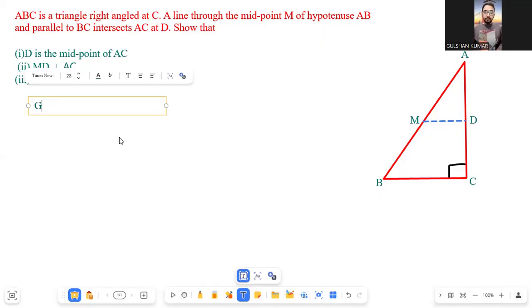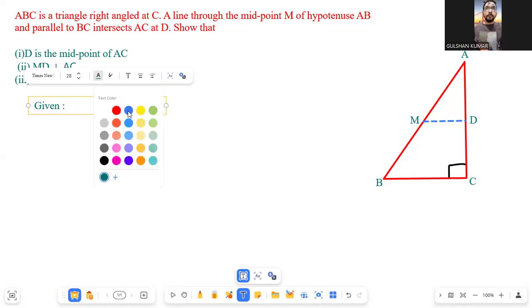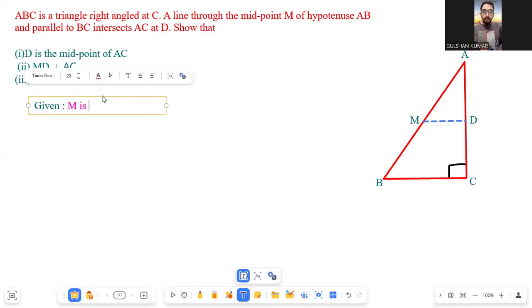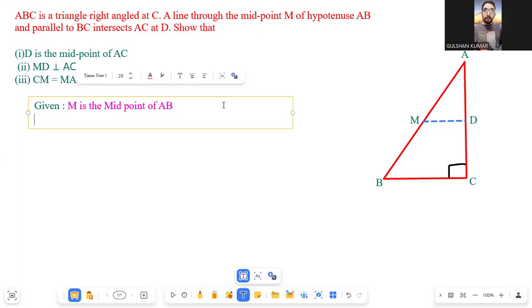What is given here: M is the midpoint of AB, so AM equals MB. Is it clear?